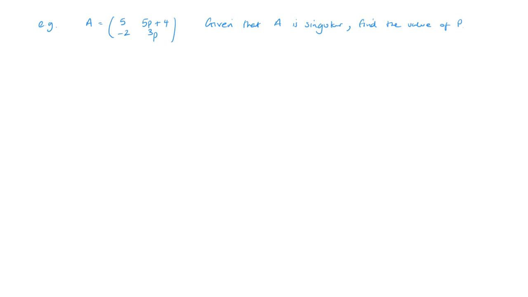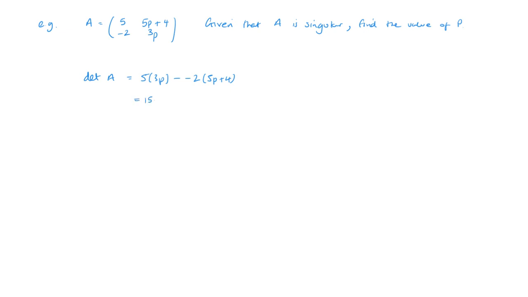So first let's look at the determinant. So the determinant of A is 5 times 3p minus 2 times 5p plus 4. So it's these two multiplied together minus these two multiplied together.